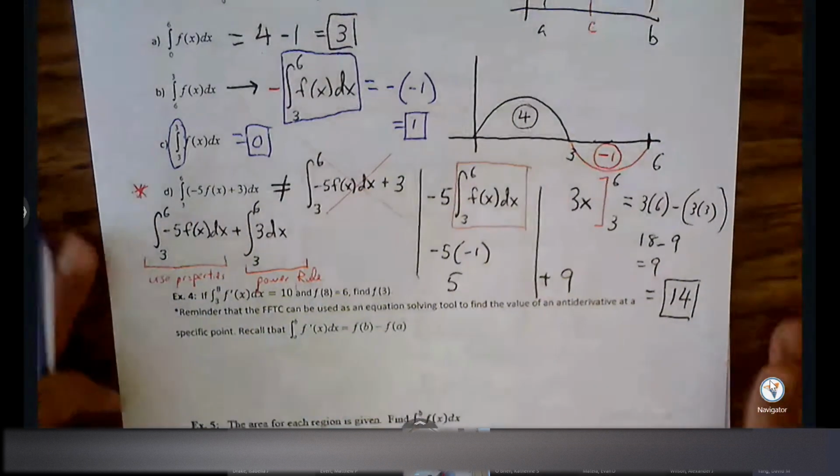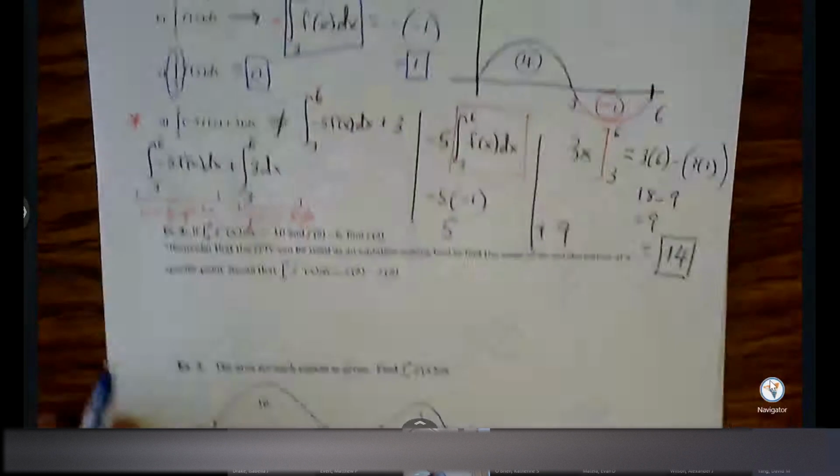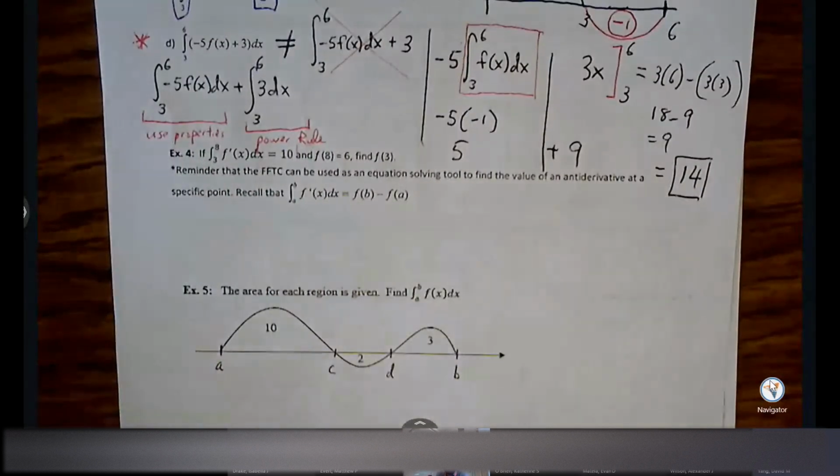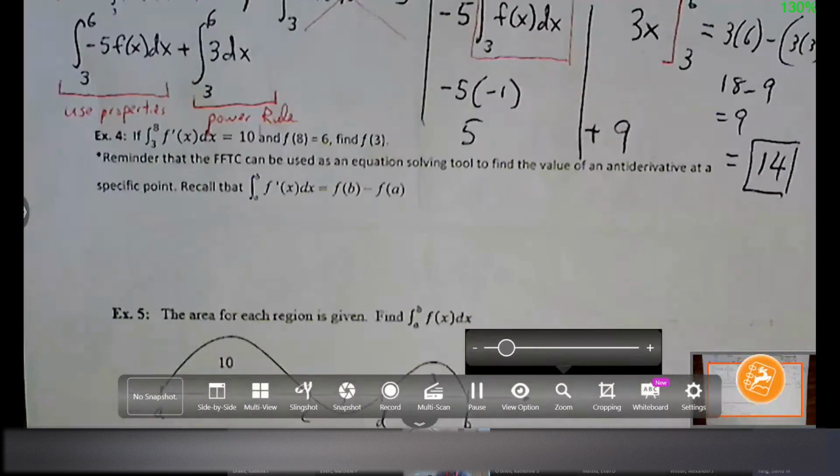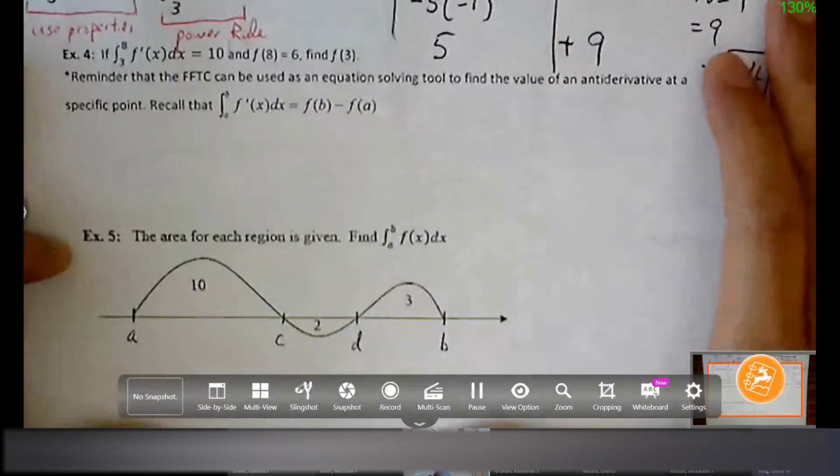Okay, so we're going to finish up with examples 4 and 5. Let me read example 4.